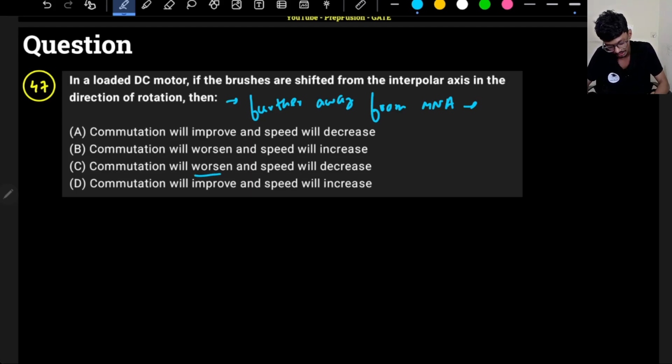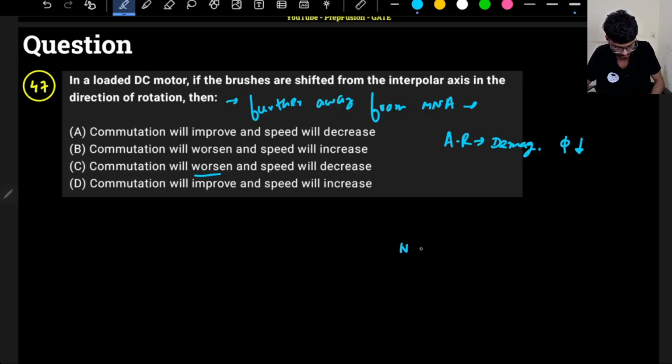So I know that armature reaction is there, and due to armature reaction the overall flux per pole will slightly reduce, right? Why? Because armature reaction has some demagnetizing effect, so the flux will reduce.